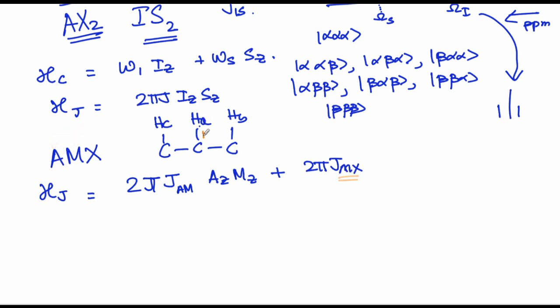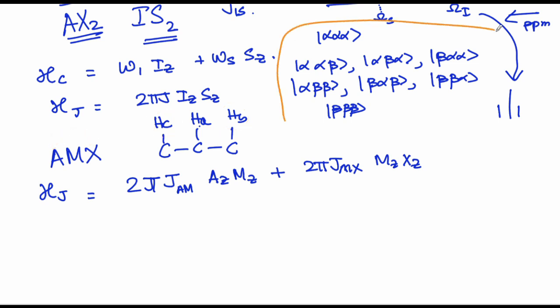So basically the term is Mz Xz, and you do not have a coupling term between the B and C protons, so therefore you will not have a term between A and X.